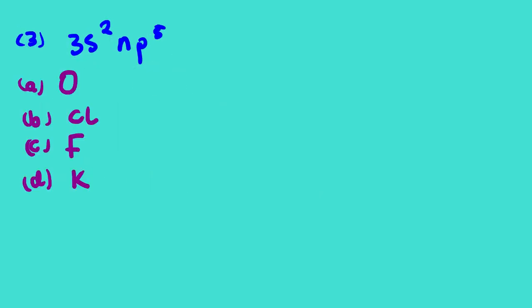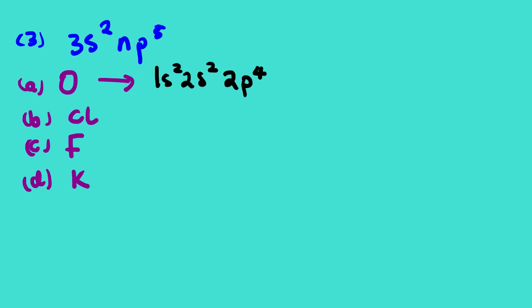Our next example is a bit different. We can see that we are actually given a period or the principal quantum number. In this case, let us go ahead and write the electron configuration. It's 1s2 2s2, now after 2s it's 2p, 2p4.